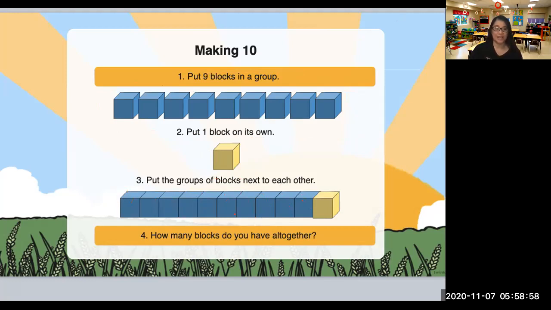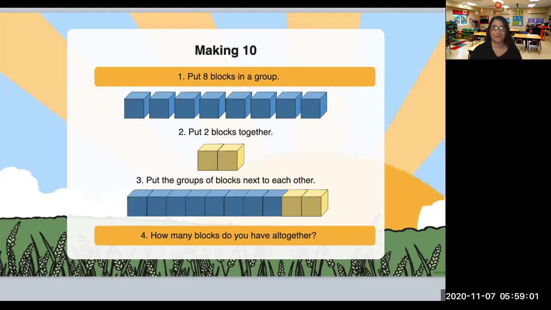Now let's look at another example. Let's say you have 8 blocks and you want to add 2 more blocks. How many blocks do you have all together now? Remember, you have 8 blocks and you want to add 2 more blocks. Good.